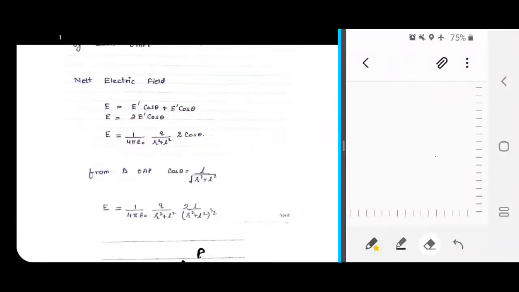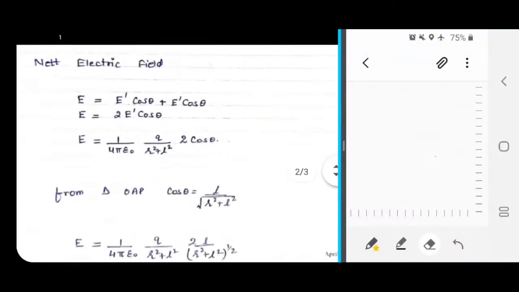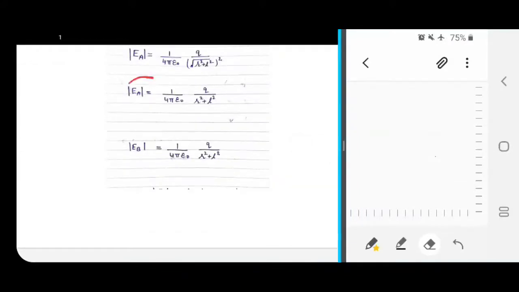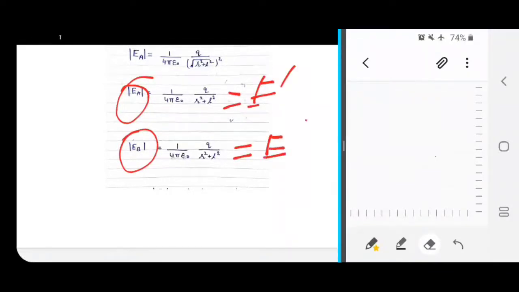So here we write E equals E dash cos theta plus E dash cos theta, that is 2E dash cos theta. We know that the value of E dash, that is EA and EB, is also E dash.